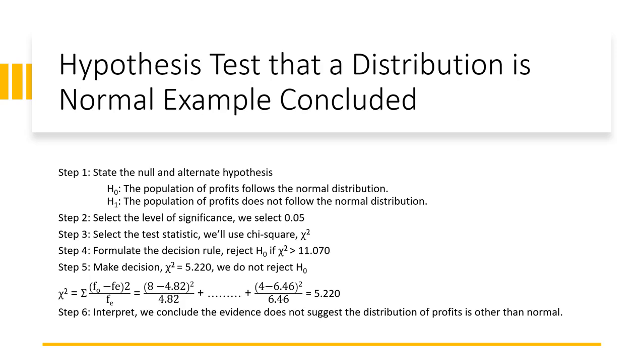So from the chi-square distribution table, using the 0.05 significance level, the critical value is going to be 11.070. So using our chi-squared calculation, we can determine that the chi-square test statistic will be 5.220. So do not reject the null hypothesis because it appears that the distribution of profits would be normal.